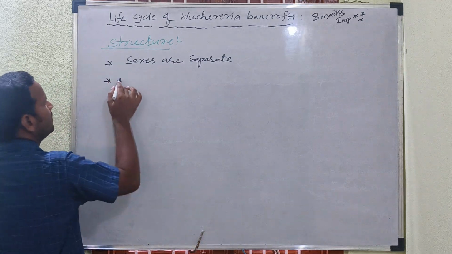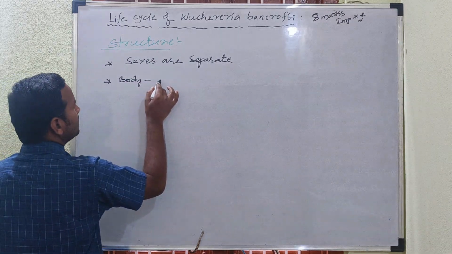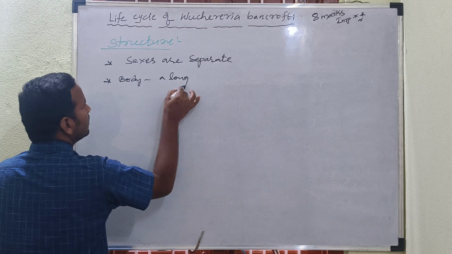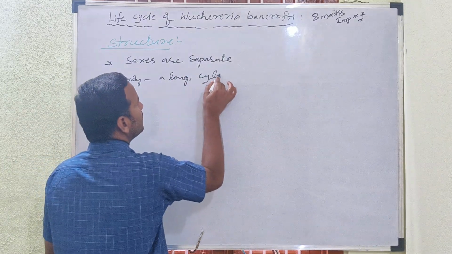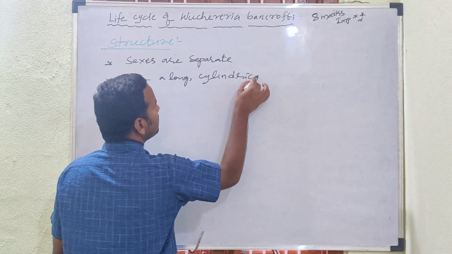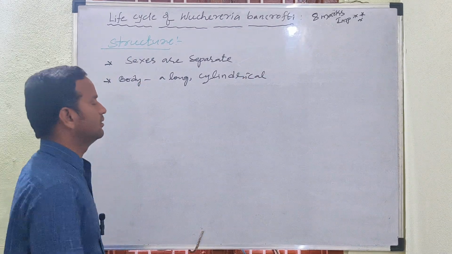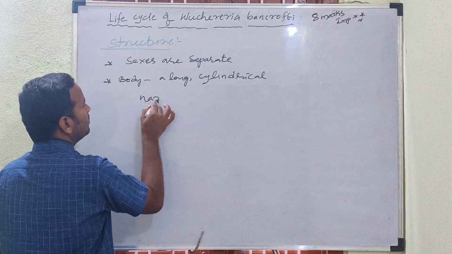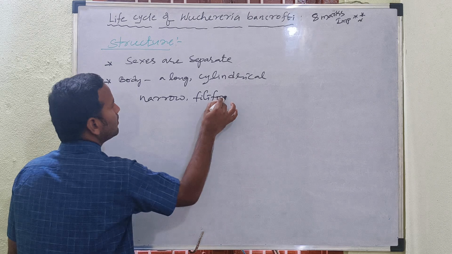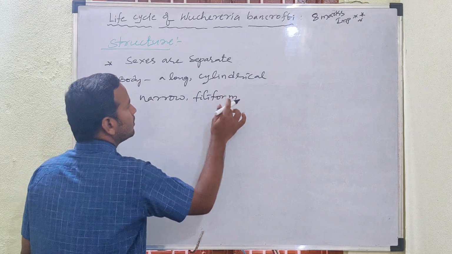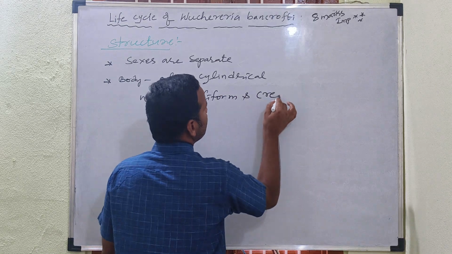The next one is that the body is elongated, long and cylindrical, narrow, filiform, and creamy white in color.